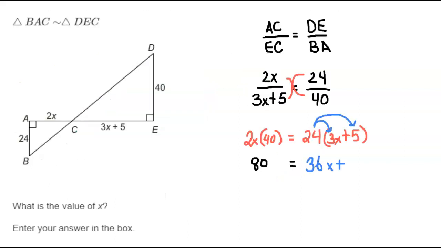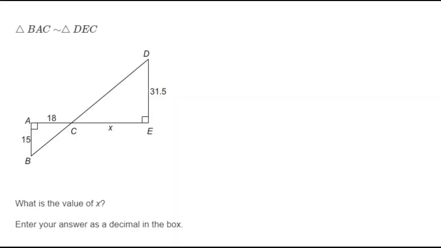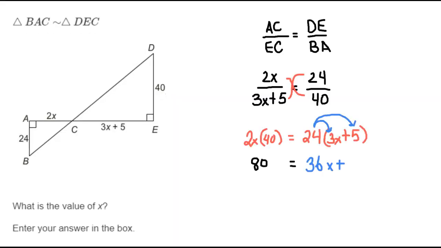All right, as promised, I said I would go back to this problem and show you how to simplify before you multiply. So since I already have green on here, this works out perfect. We notice here that we have 24 divided by 40, and we see that 24 divided by 40 can be simplified.